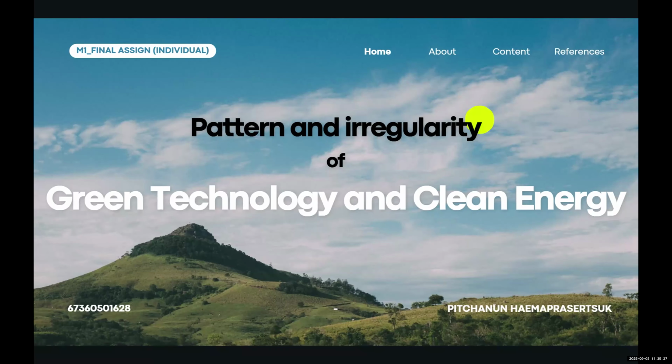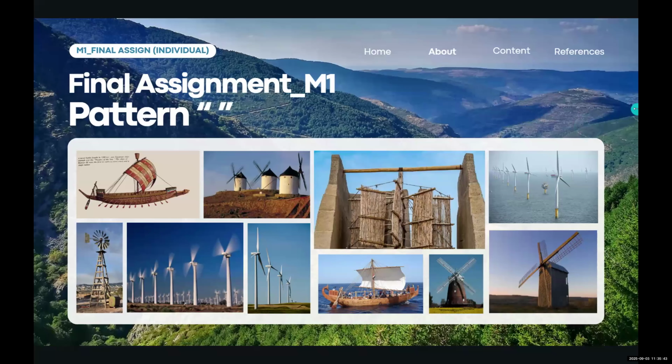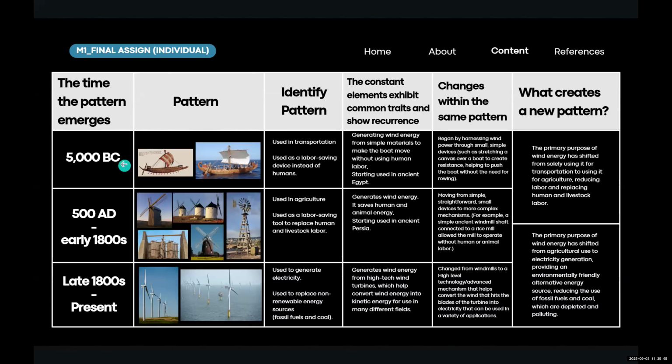Today I'm gonna present about pattern and irregularity of wind energy. In 5000 before Christ, wind energy was used in transportation and used as labor-saving device instead of human to paddle the boat.